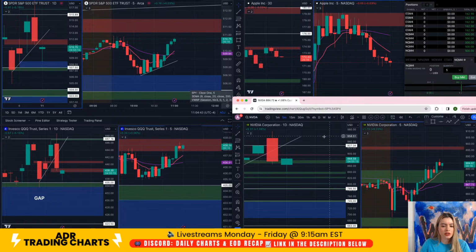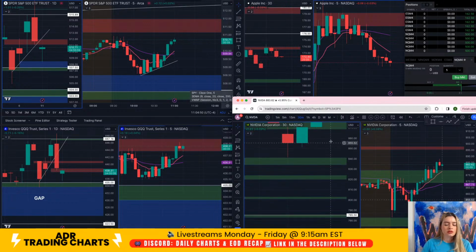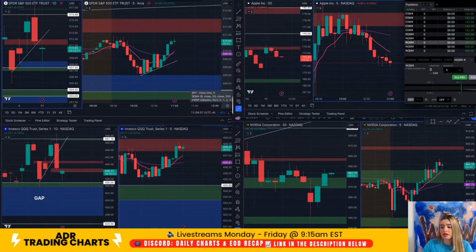Yeah, Nvidia is definitely looking like it wants to go to 900. That's helping SPY and the Q to bounce. And not much to trade here.